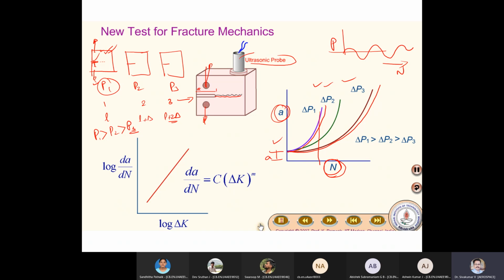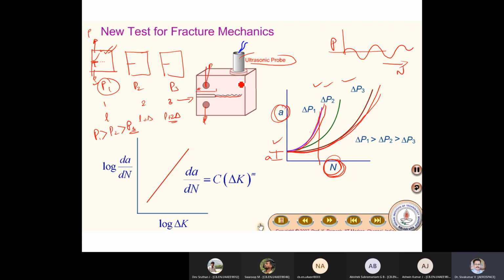So what will happen? If your load P is more, it will take less N to start the crack growing. Why? Because the intensity is more. If P is less, it will take a little bit more time than P1. After some time, the crack will start to grow. So this is the phenomenon.